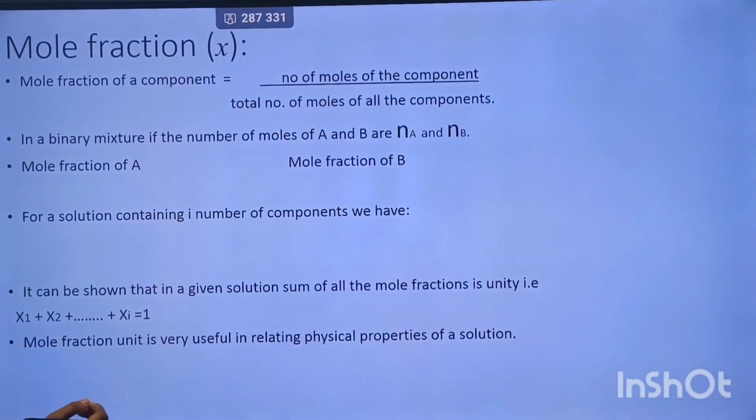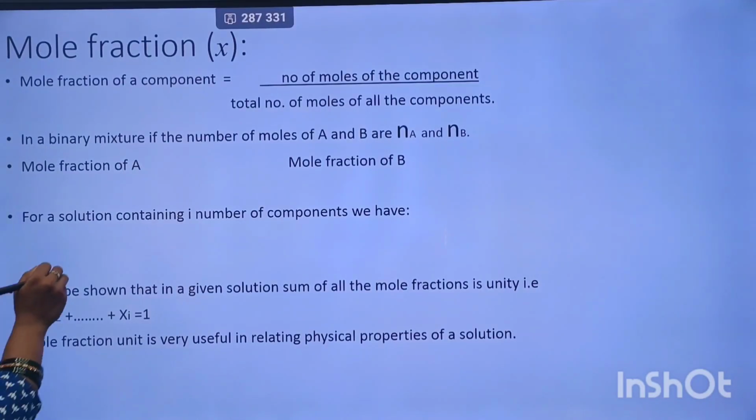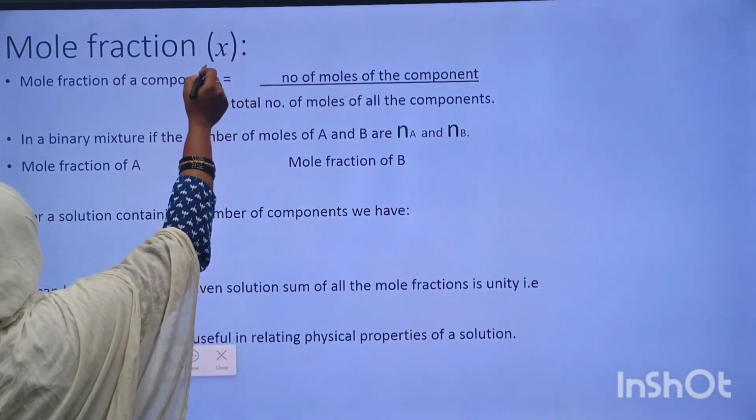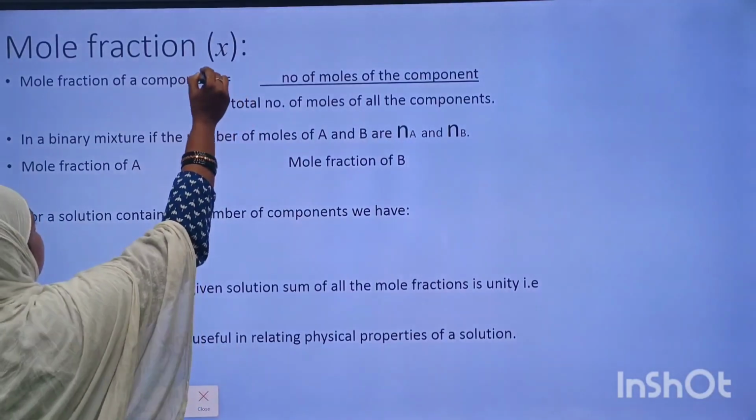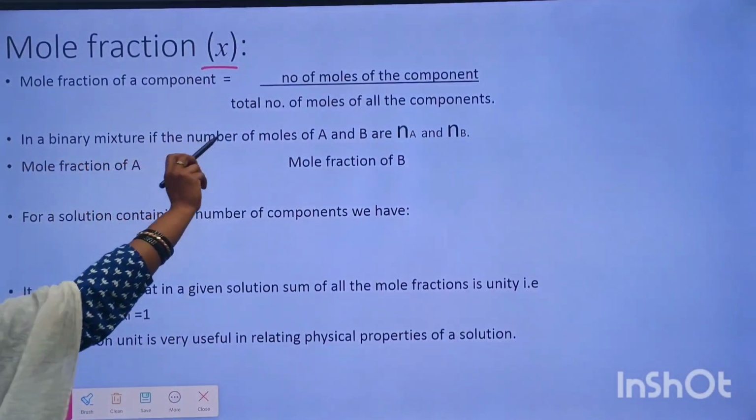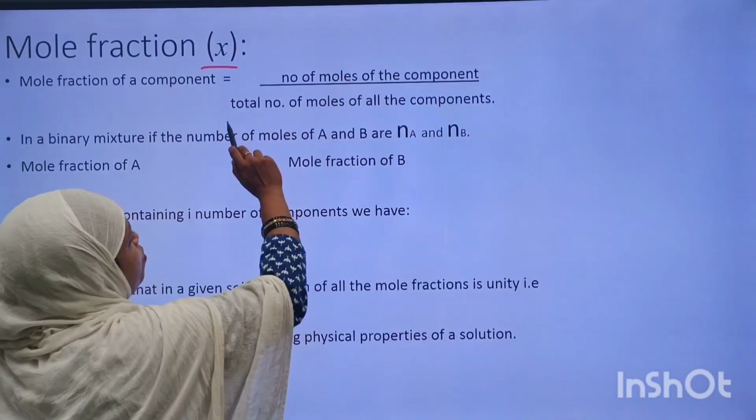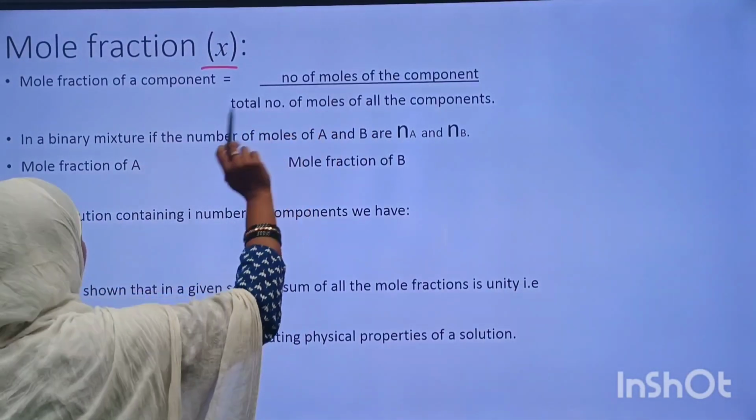Coming on to the next slide, mole fraction. Mole fraction is expressed as small x. The mole fraction of a component is the number of moles of the component upon the total number of moles of all the components.